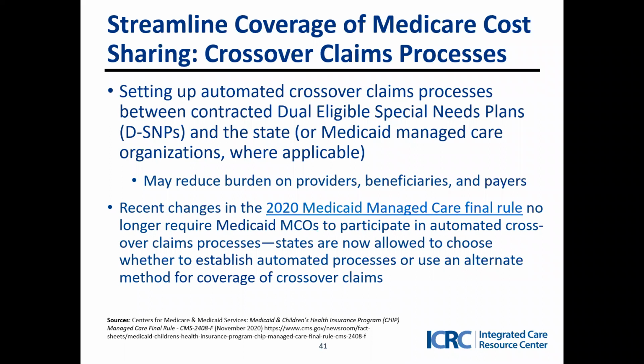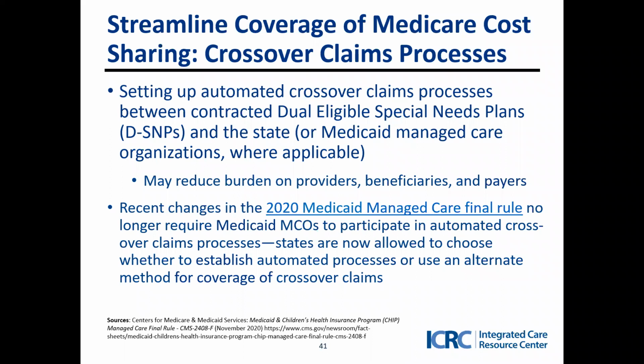So these next two slides will cover ways that states can streamline the administrative process involved in coverage of Medicare cost sharing. First, we'll discuss crossover claims processes. As I noted previously, when Medicare is the primary payer, Medicare usually pays first, and then the state must cover any cost sharing owed for QMBs or other beneficiaries who may qualify for state coverage of Medicare cost sharing.